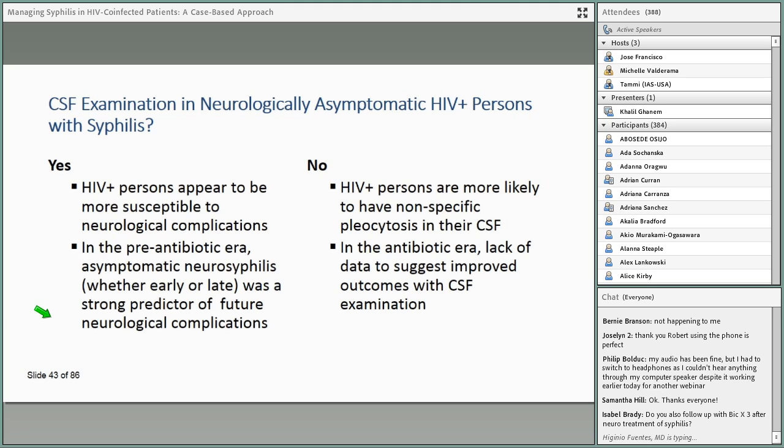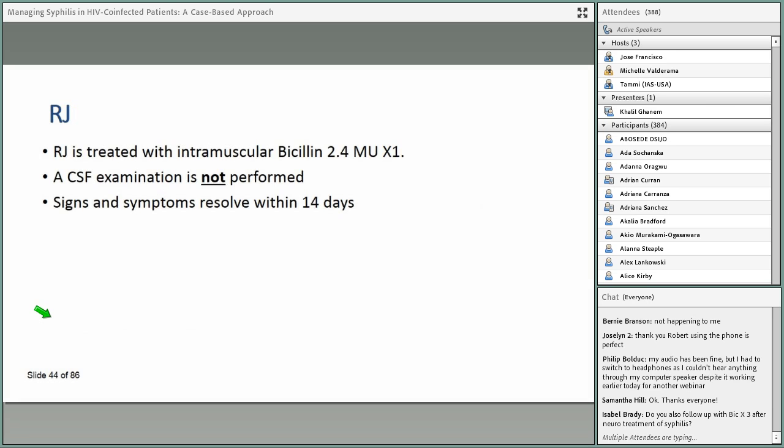But we know that HIV-positive persons appear to be more susceptible to neurological complications of syphilis. So everybody's a little bit unsure about what to do with these patients because there are no data, but we worry about neurological complications in these patients.